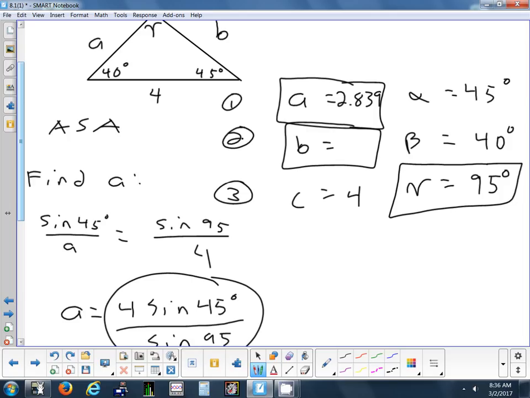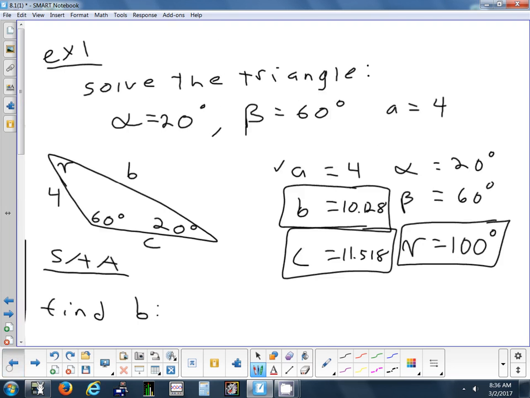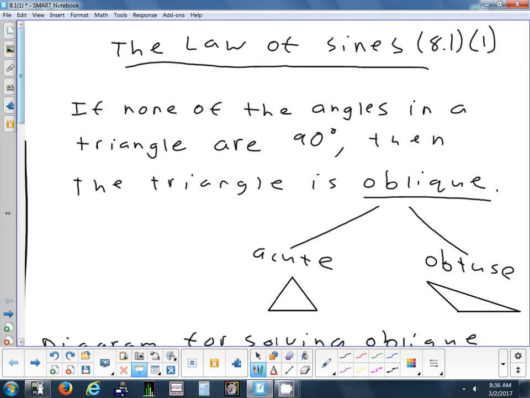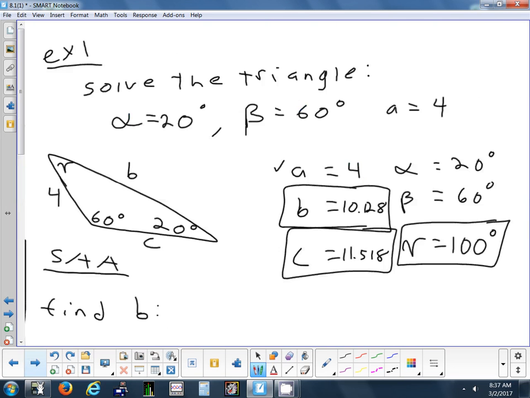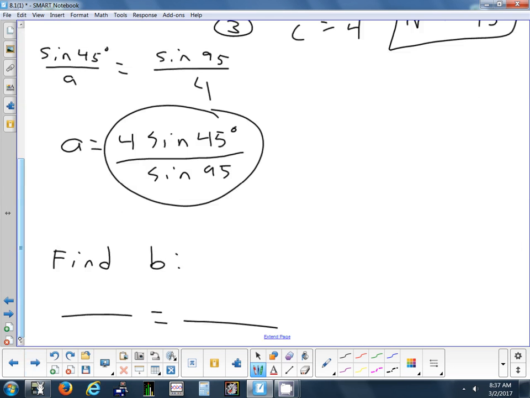No. Okay, let's make sure we have the law of sines written down. Sine of alpha over A equals sine beta over B equals sine gamma over C. So we're going to be using this part and this part. So we need to fill in all 4 of the letters that I just checked off right here.